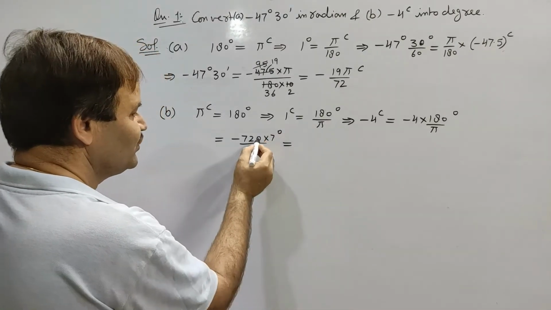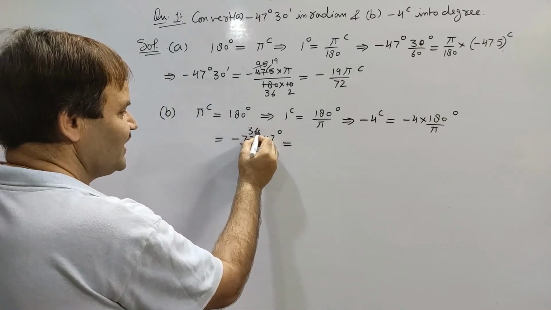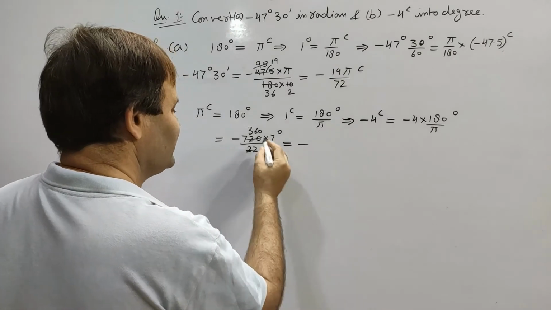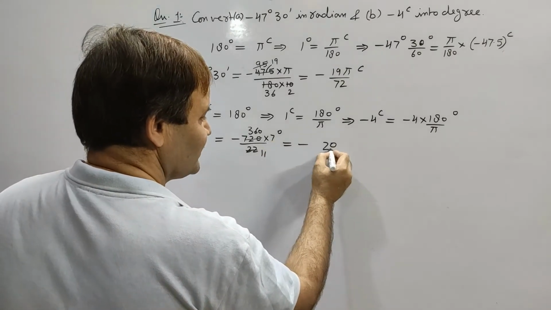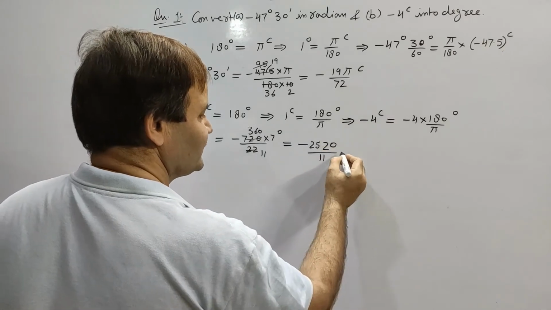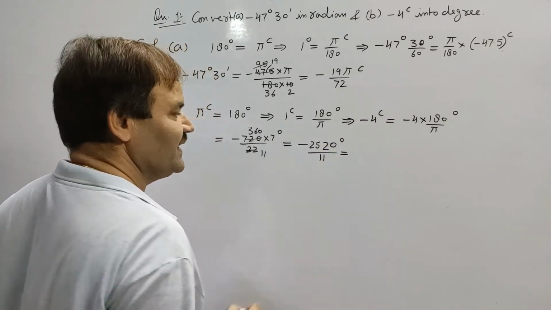This is equal to minus 2520 by 11, and it will be in degree.